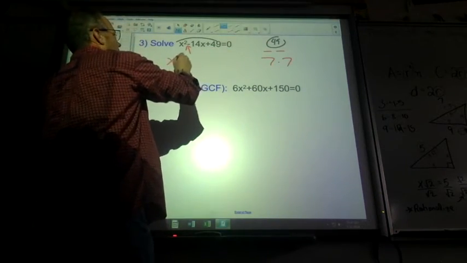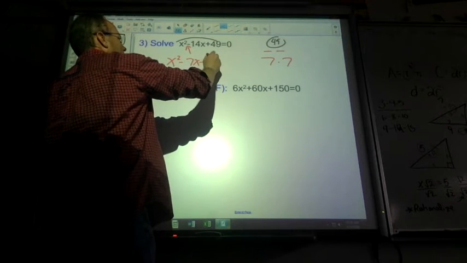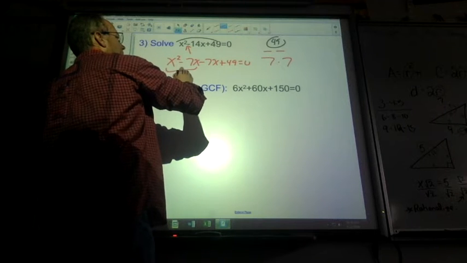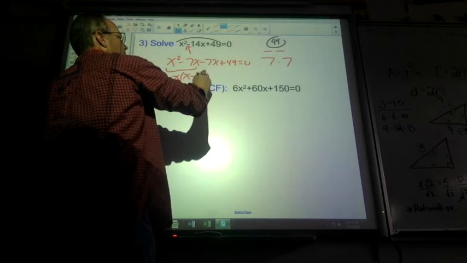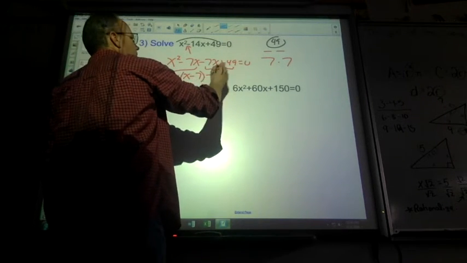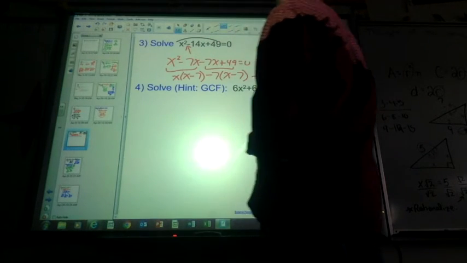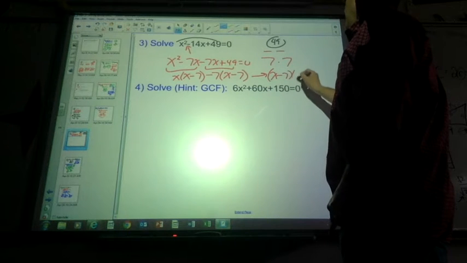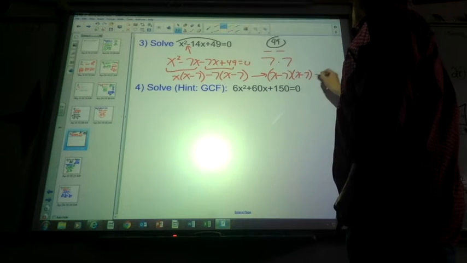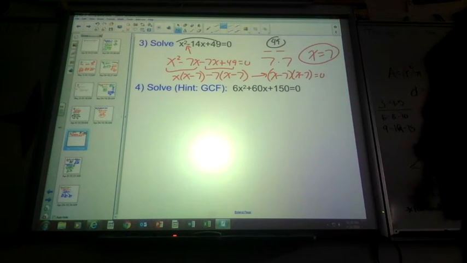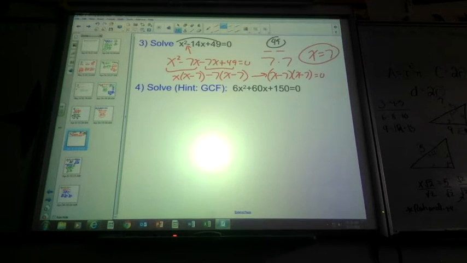So if I do x squared minus 7x minus 7x plus 49, and then factor it, that's going to give me x minus 7 times x minus 7, equals 0. So my answer here is just x equals 7. So we get a double root. We get two answers that are the same thing. So you don't have to listen once. If you listen twice, you're fine.